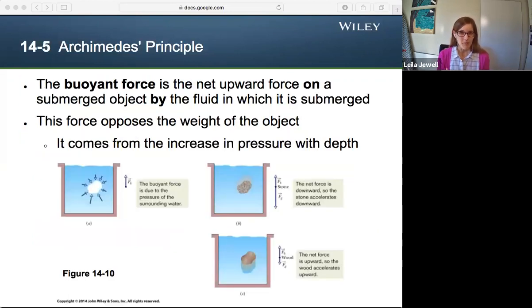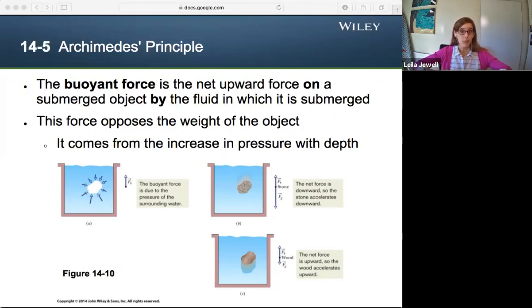The basic idea of Archimedes' Principle is it's going to convey the idea of the buoyant force. So the buoyant force is the net upward force on a submerged object by the fluid in which it's submerged. If you can imagine a beach ball, if you try and push it down into the pool, it's not going to stay submerged.